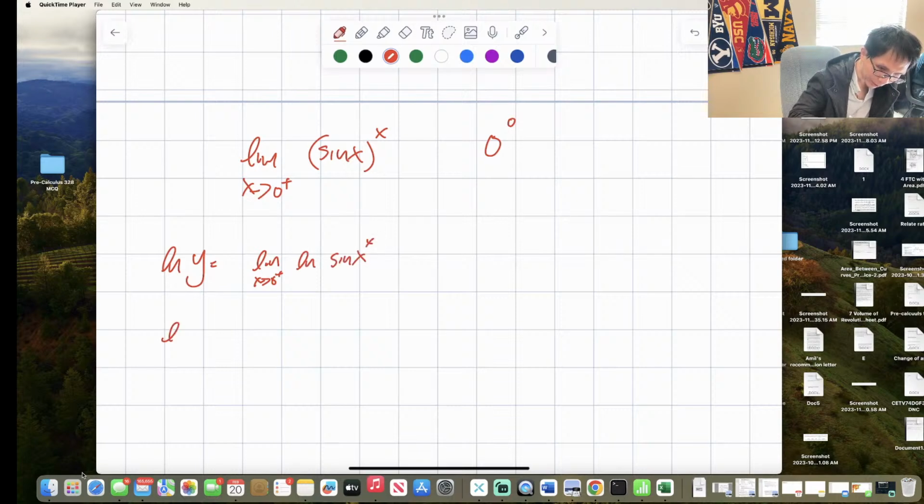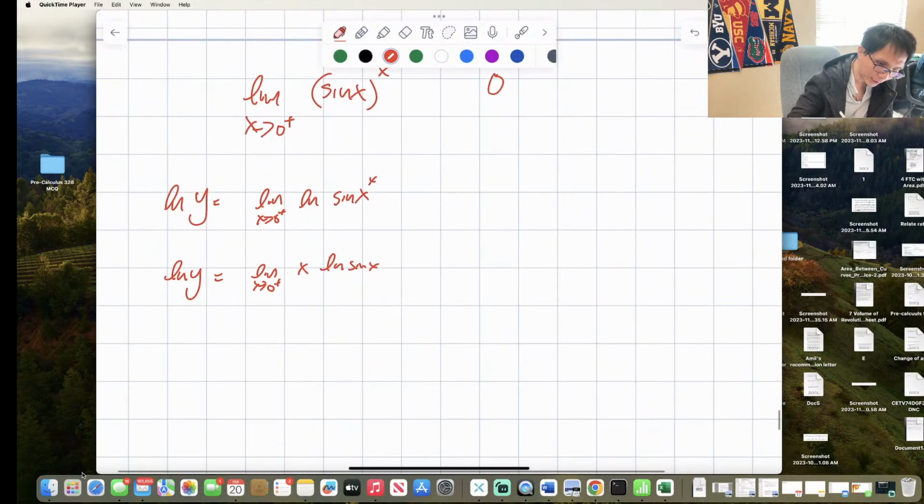So ln of y is equal to the limit as x approaches 0 from the positive side of x ln sine of x. Again, I don't like that. I need to do fractions, so that's gonna be ln of sine of x over x to the -1.